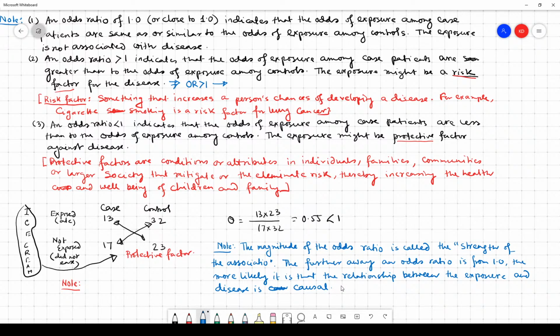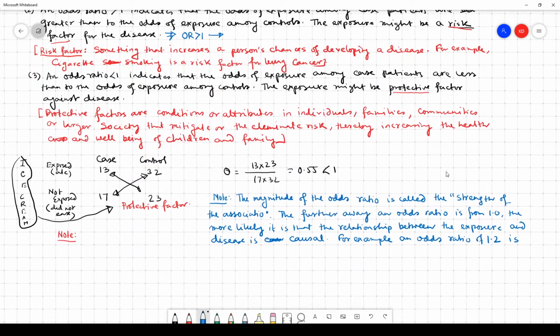For example, an odds ratio of 1.2 is above 1.0, but it is not a strong association because it just exceeds 1.